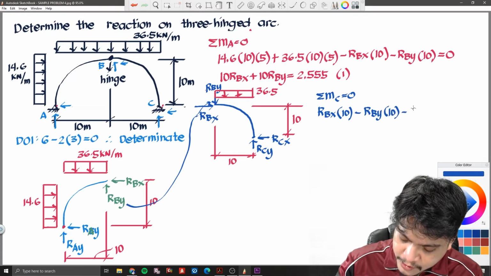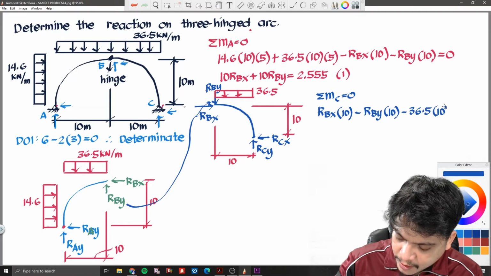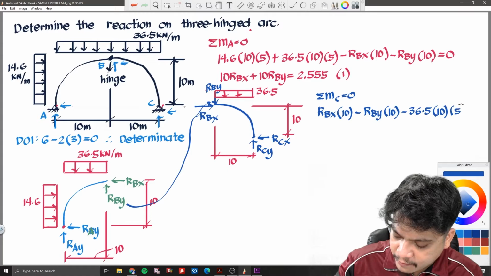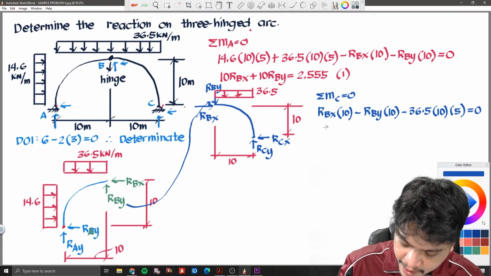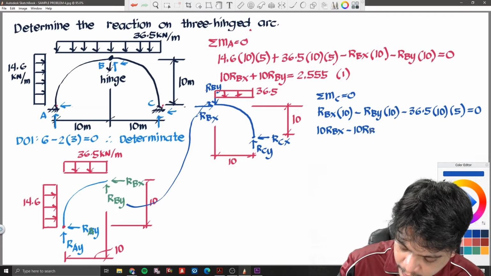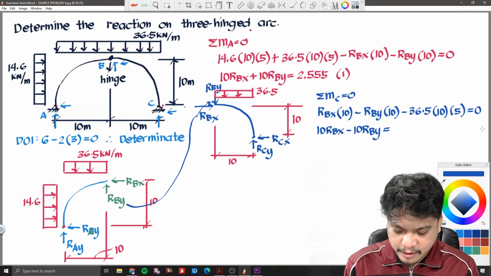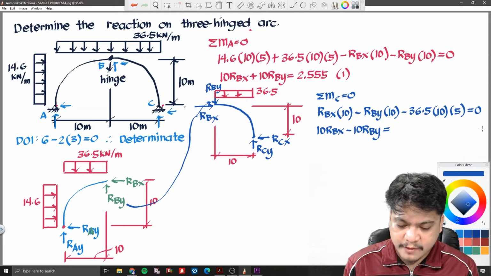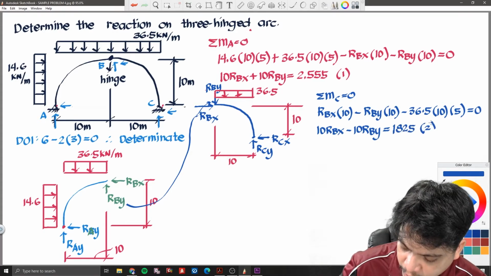And then minus 36.5, multiplied by 10, and multiplied by 5. And that would become equal to 0. So, simplifying, I have now 10 RBX minus 10 RBY is equal to, ilipat ko sa kabila yung isa, 36.5 times 10 times 5. So, that's 1825. And this now becomes your equation 2.